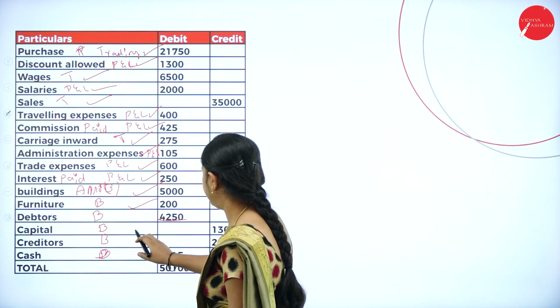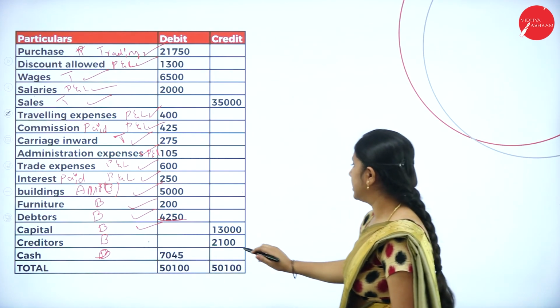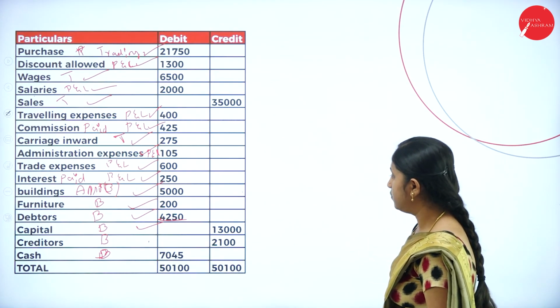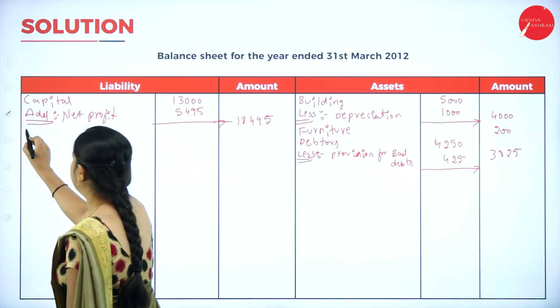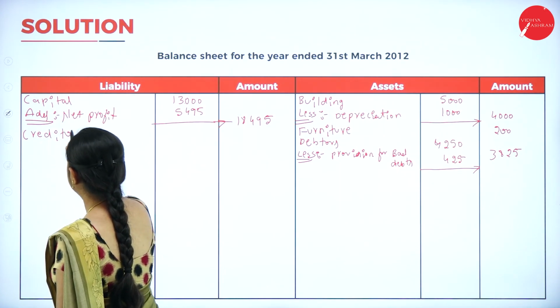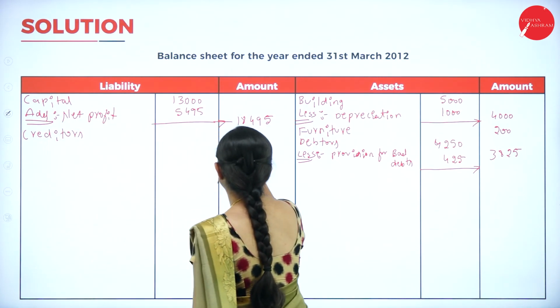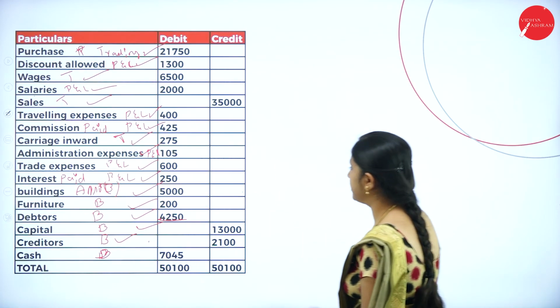Capital finished. Then creditors. Creditors, rupees 2,100. Creditors are a liability. Then cash. Cash is an asset.